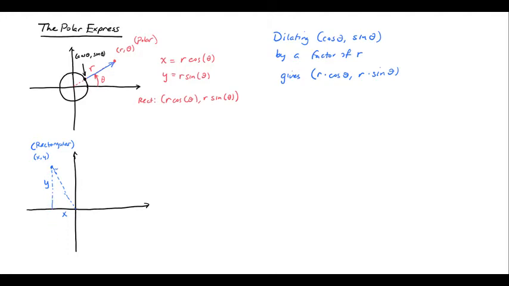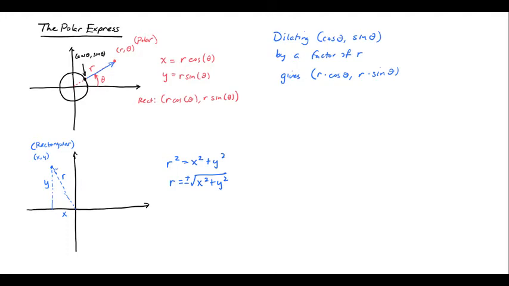My radius is going to be this distance here, the distance from the origin, and I know that r squared has to equal x squared plus y squared by the Pythagorean theorem. So r will be equal to the square root of x squared plus y squared. In the last video, we talked about how that can be positive or negative, and we can use a positive or negative number as the r coordinate.